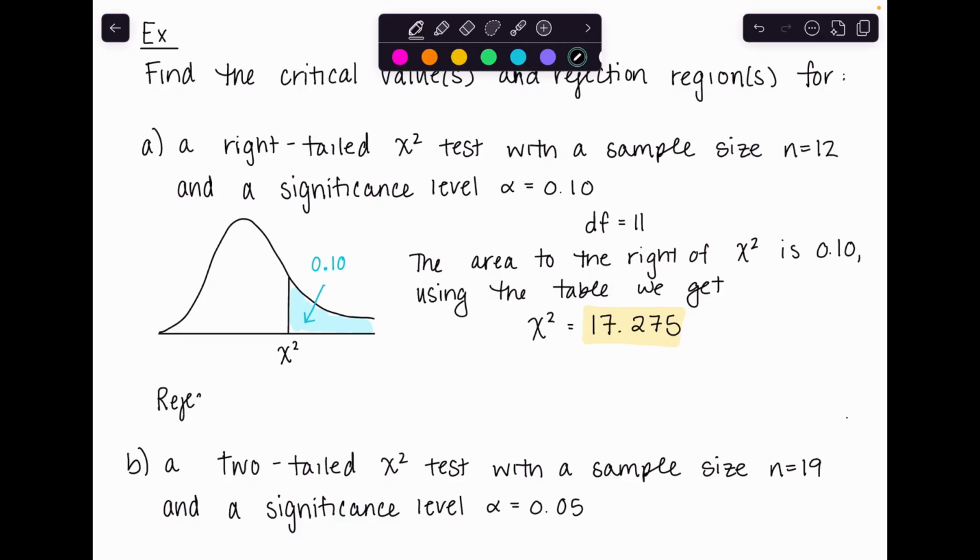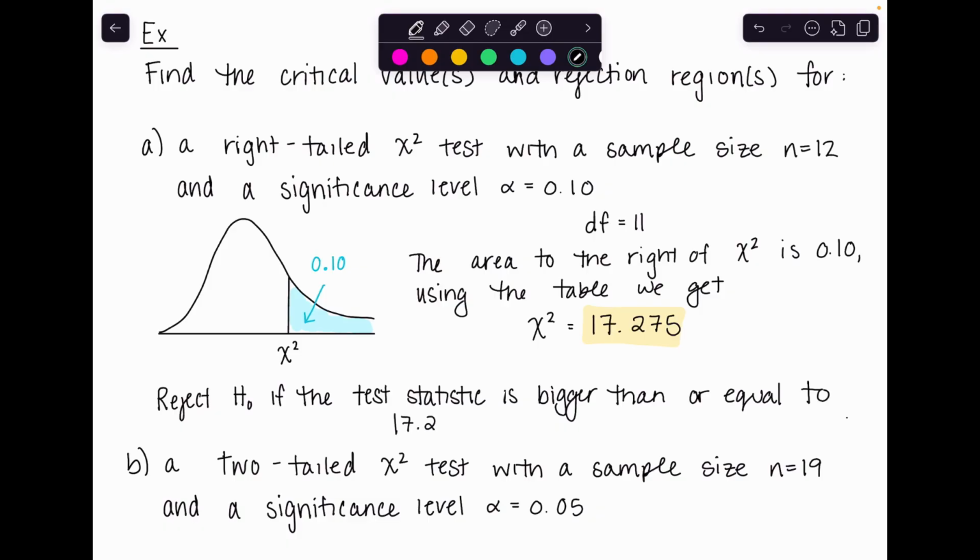So the conclusion we get to make is we reject the null hypothesis if the test statistic is bigger than or equal to 17.275. Because that would mean it falls into this small percent chance area, so we are rejecting the null hypothesis.